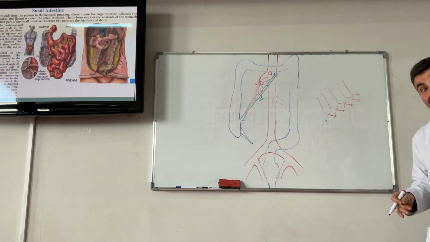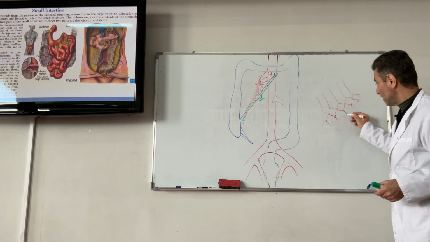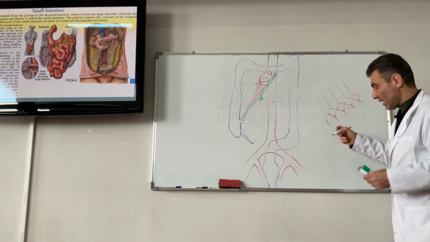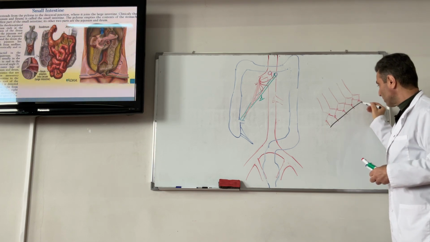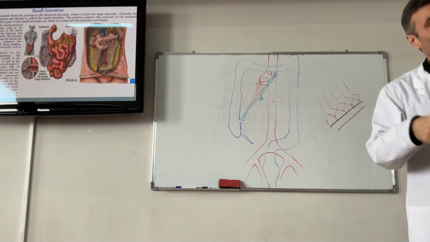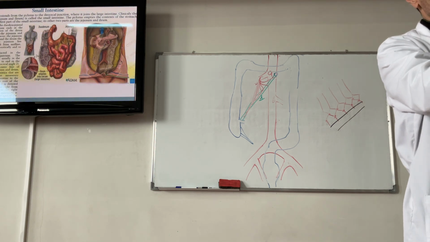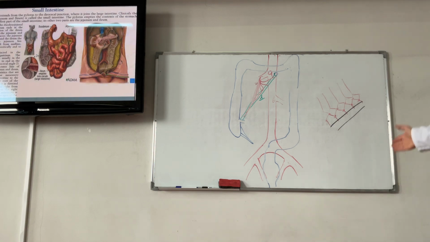But from the last one, straight vessels originate, which immediately come to the loop of intestine. From its posterior margin, which is called mesenteric, by the way, the opposite margin we call antimesenteric. Mesenteric, antimesenteric. And they supply the intestine.